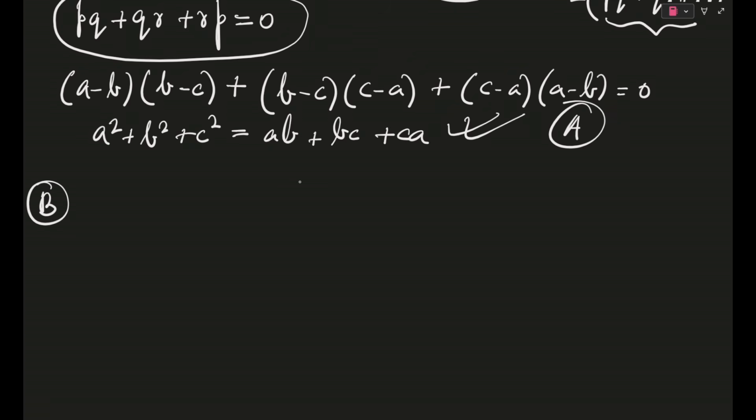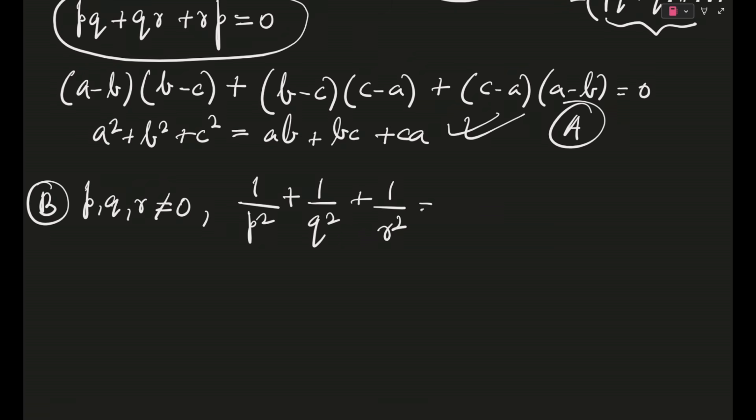So actually, if we try to deduce option number B, because our p, q, r are not equal to 0, if you notice, our option number B actually contains 1 by a minus b whole square, 1 by b minus c whole square, all those, right? So basically 1 by p square plus 1 by q square plus 1 by r square, and we will use all the general results we found out up till now.